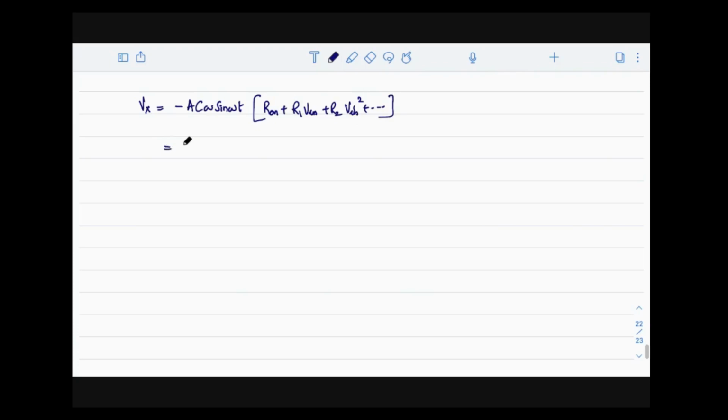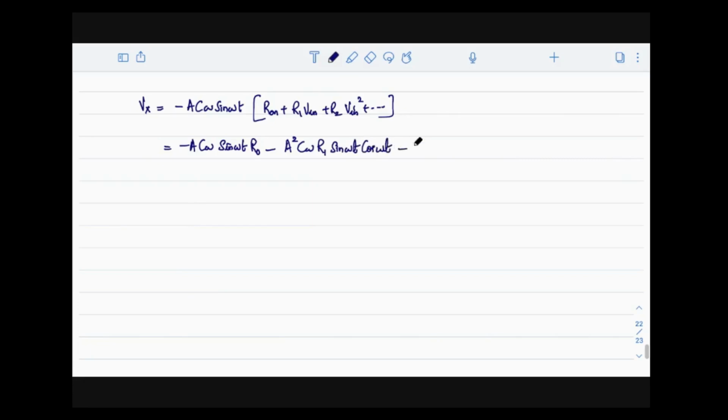Now again, if I work on this, I can write this expression directly. Definitely you can do that. Minus A C omega sin omega t into R naught, and I'm just multiplying this inside. V in is again A cos omega t, right? So I'm substituting that. So it will be minus A square C into omega into R1 into sin omega t into cos omega t.